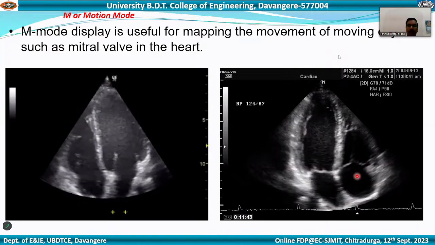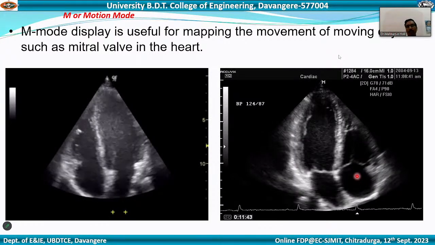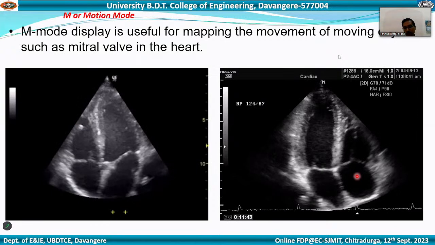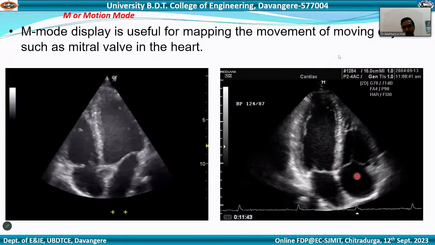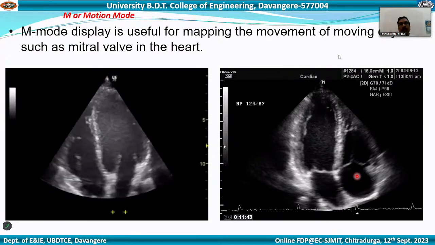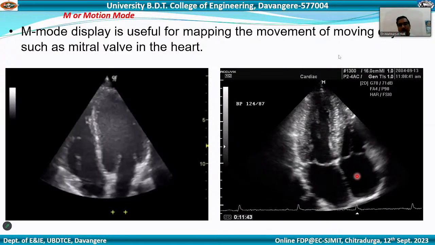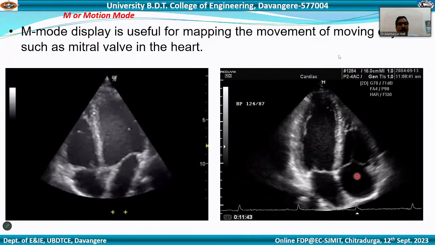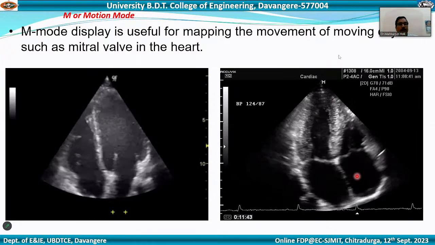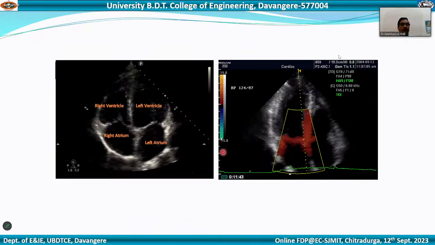So this is how the B mode along with the M mode provides you the visualization of the heart. That is possible only in ultrasound, may not be possible in CT and others. This is how we can visualize.